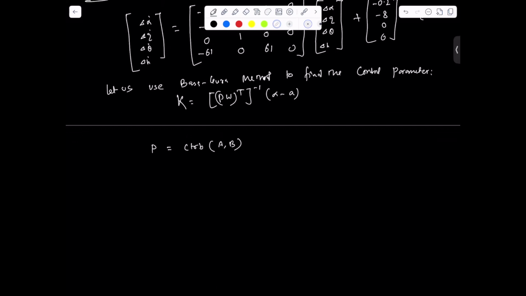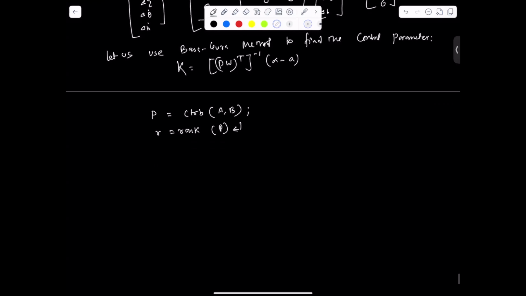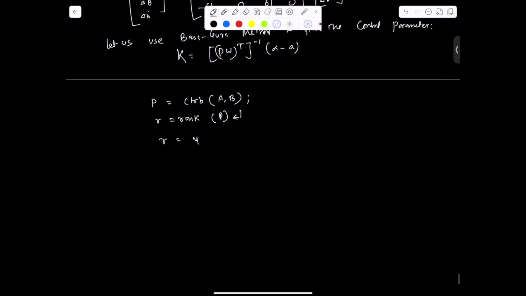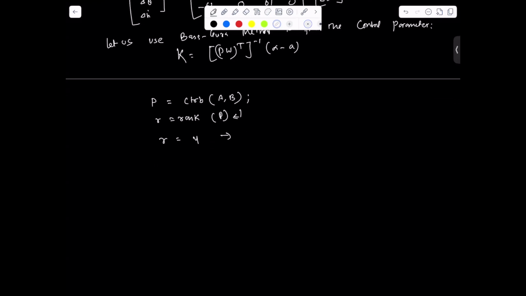Only then can you design the all-state-feedback-based control. So P equal to this, and R equal to rank of P. If you enter it, we have R equal to 4, which means the system is fully controllable.